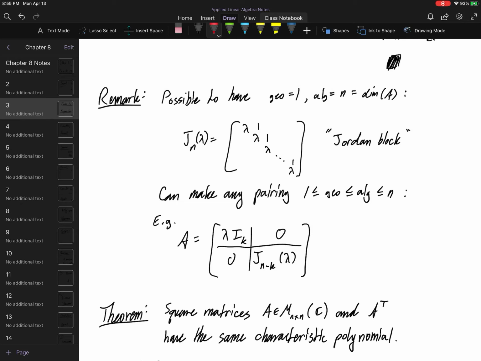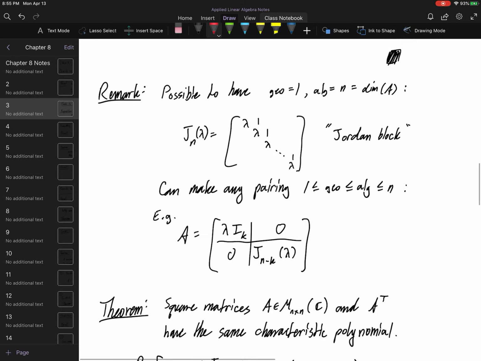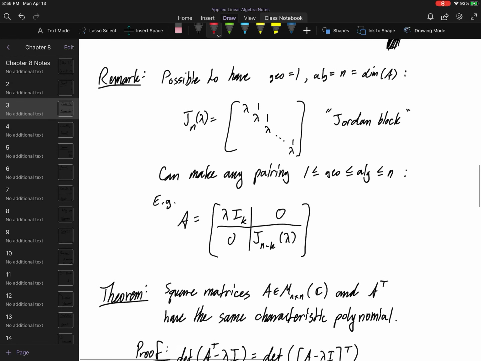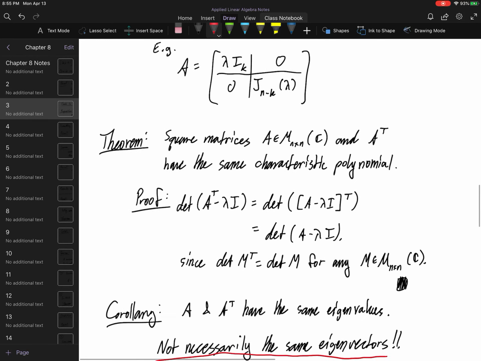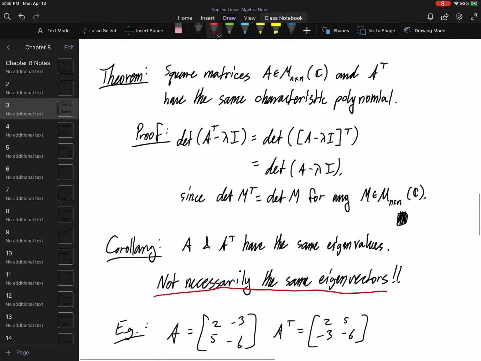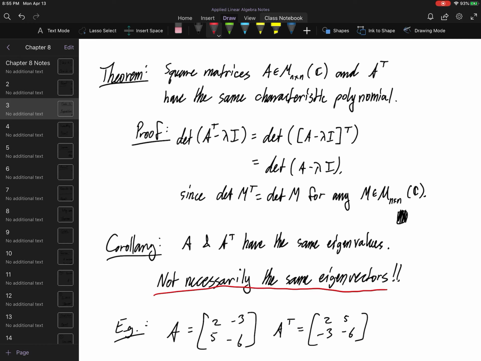We could basically fill up the entire matrix with one eigenvalue, but have the worst geometric multiplicity possible. This is an object called a Jordan block: lambdas down the diagonal and 1s down the superdiagonal. We can put as many Jordan blocks in here as we want in an arbitrary matrix. Not too worried about those in this case.